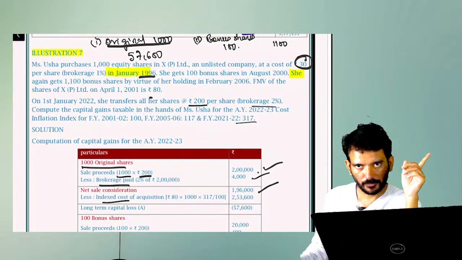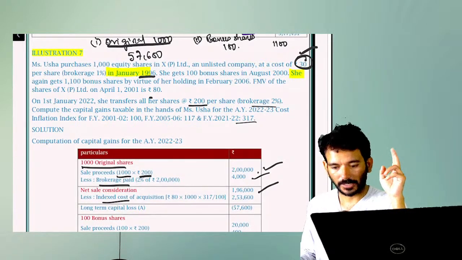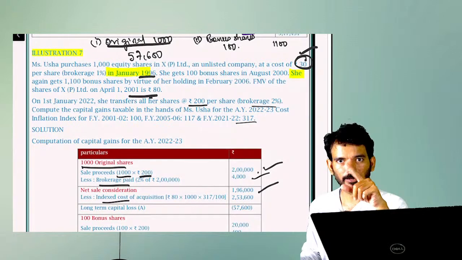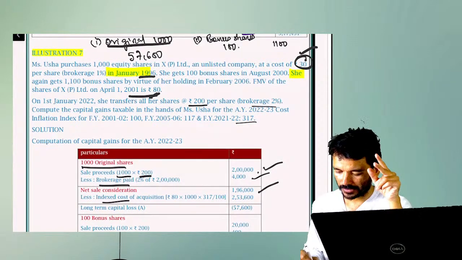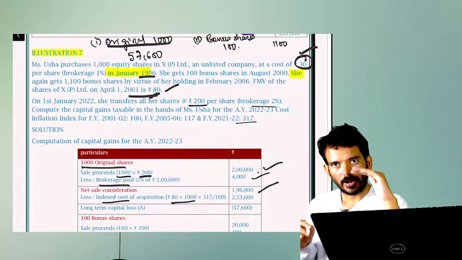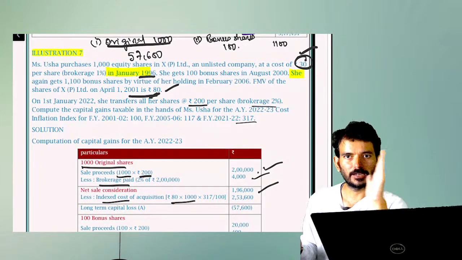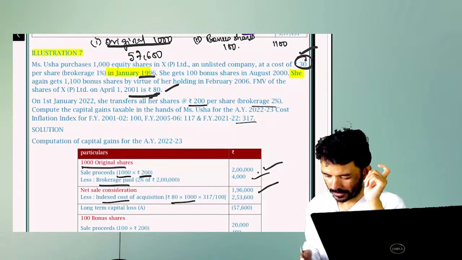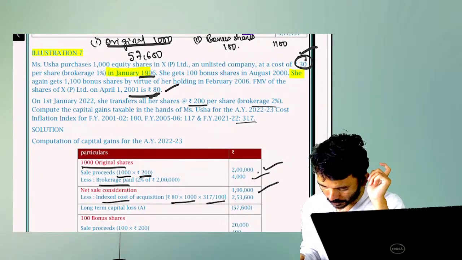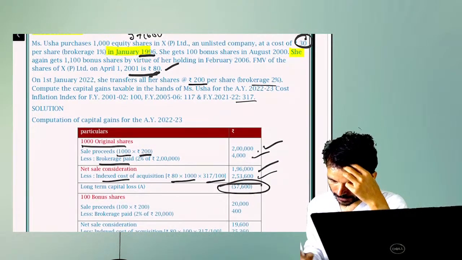If the assets are acquired before 1st April 2001, you have an option to take either cost of acquisition 30 or fair market value on 1st April 2001, whichever is beneficial. But the 80 you will take 80, and CII of current year multiplied by, you don't have CII for 2000 but you have CII for April 1 2001, so you can take it as 100. So this will be your indexed cost of acquisition. This is a capital loss.